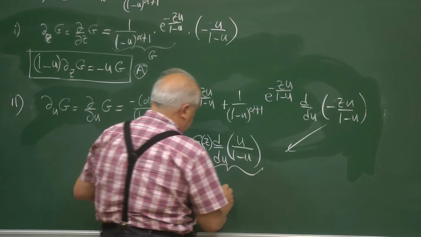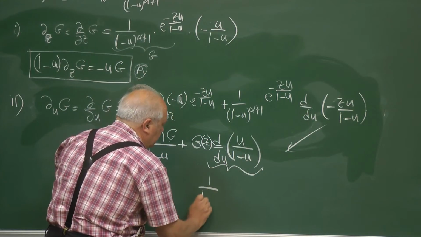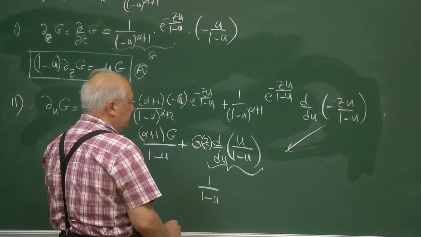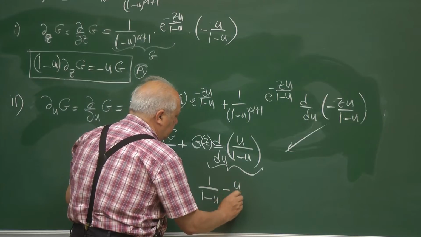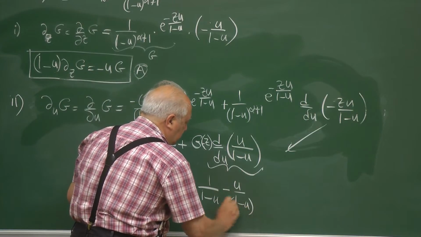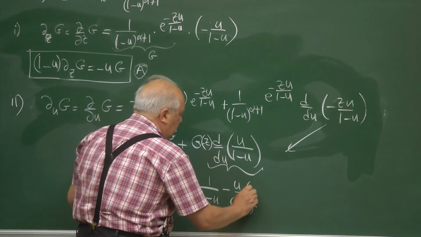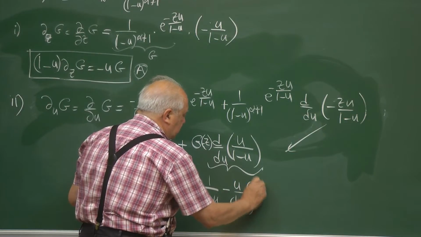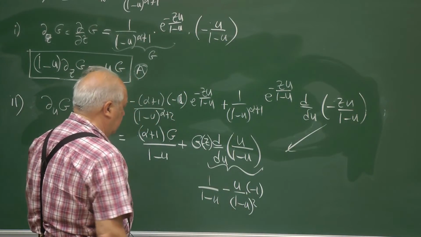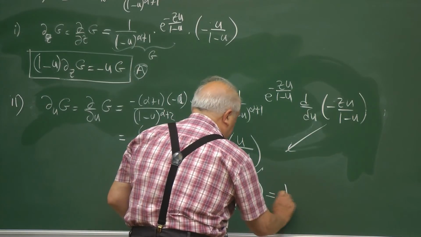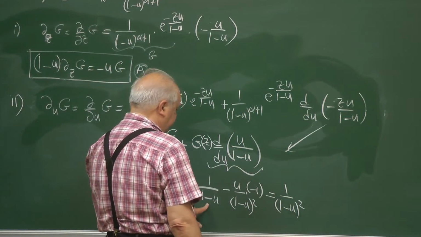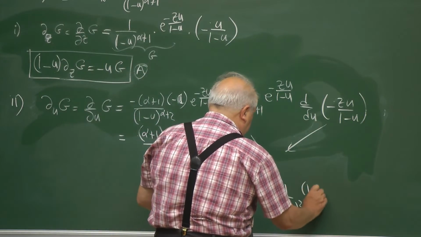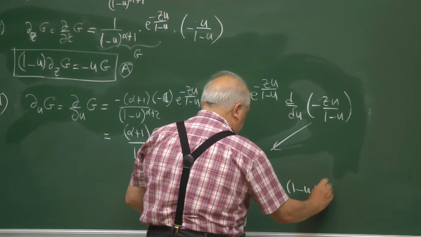This is equal to 1 over 1 minus u, minus u, 1 minus u squared, times the derivative of the inside. That's equal to 1 over 1 minus u squared, 1 minus u plus u.